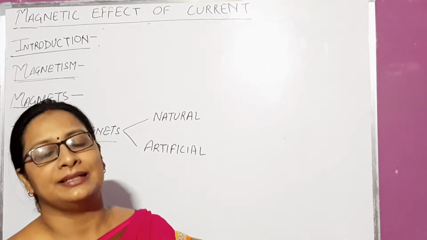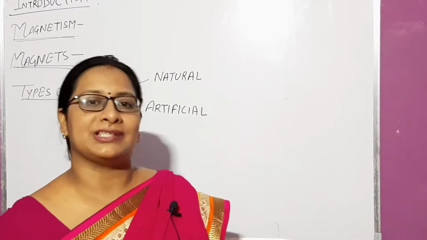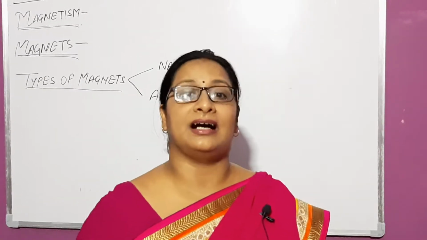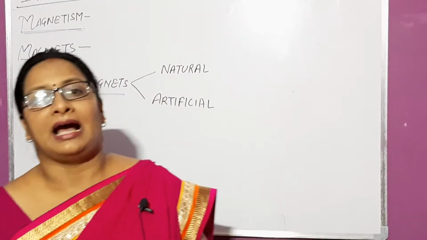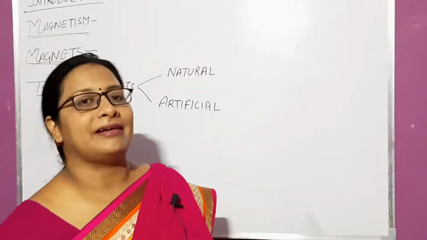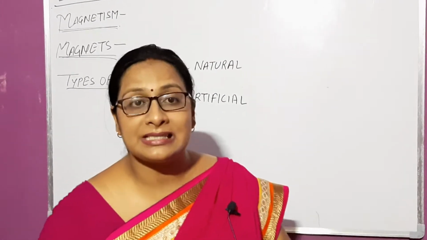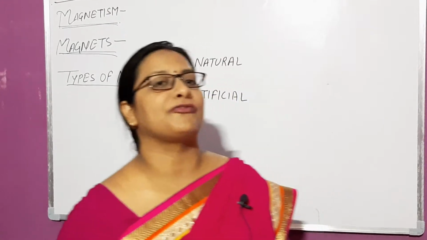Attractive property means it is a substance which attracts iron, nickel, the alloys of iron, and other magnets also. This is called the attractive property of a magnet. And directive property means there is some role of direction in the case of magnets.